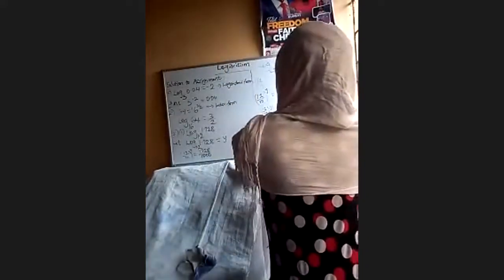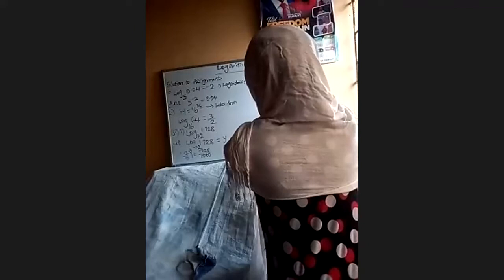So we have 12 over 10 raised to the power of y is equal to 12 over 10 all raised to the power of 3, since the powers are the same, 3, 3. So we can bring it out as a general power.